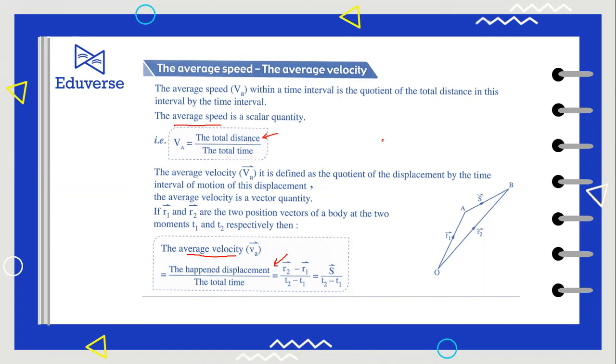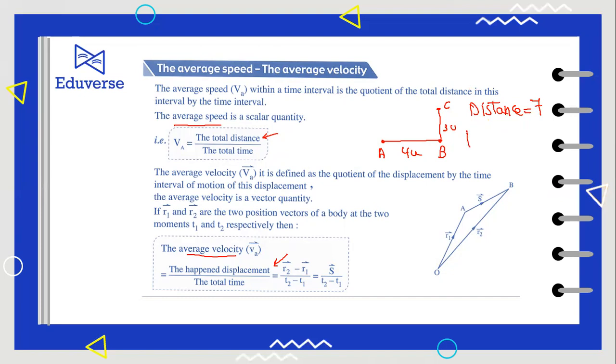Look, if a body is moving from point A to point B in the east direction, 4 units, and then moving from B to C, 3 units, in a north direction, then the distance the body covers is 4 units and 3 units, which equals 7 units.